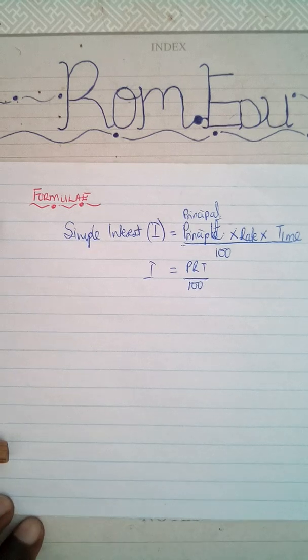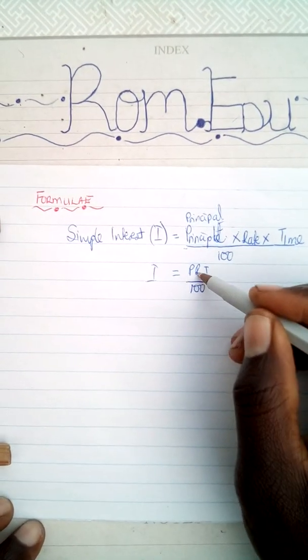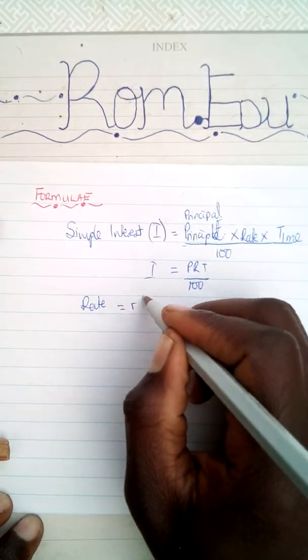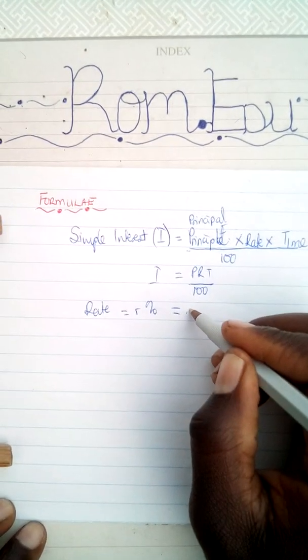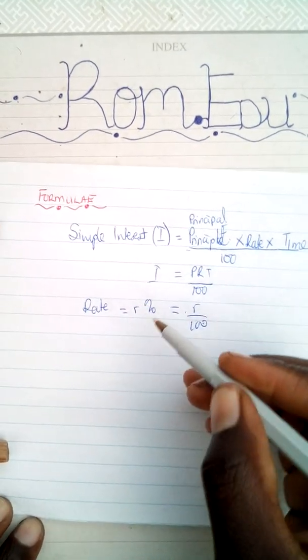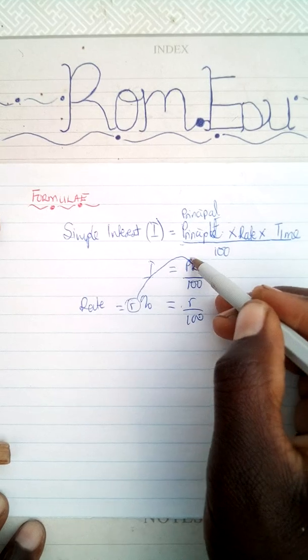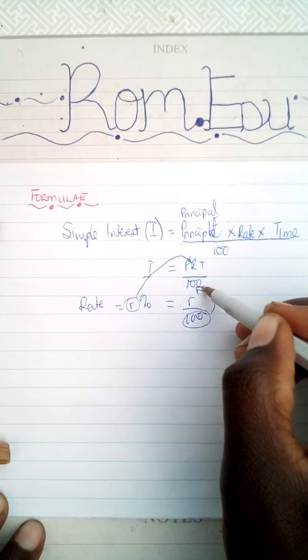Remember, whenever we're using rate, it is given as R percentage, which is the same as R over 100. So whenever you're given R, the figure that you're given is what you place here. The 100 is the one that you're seeing under the denominator.